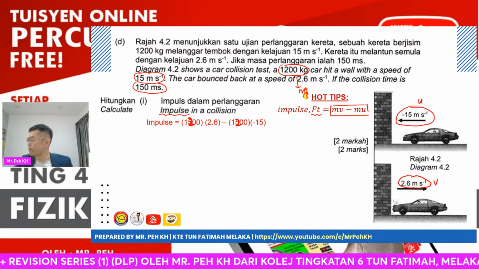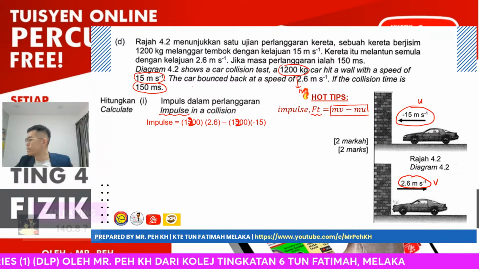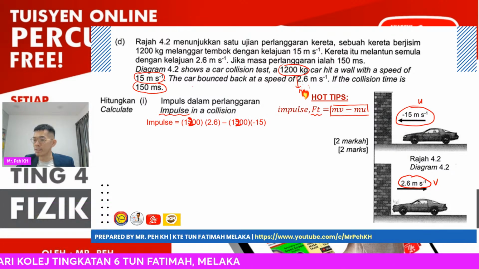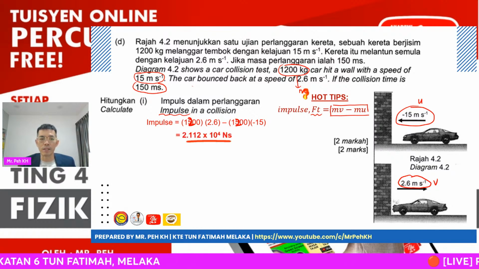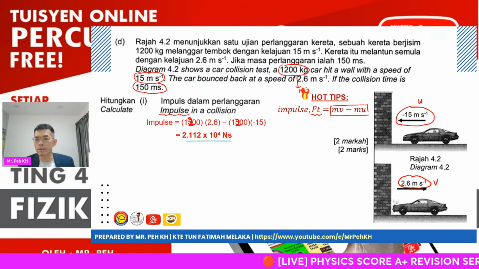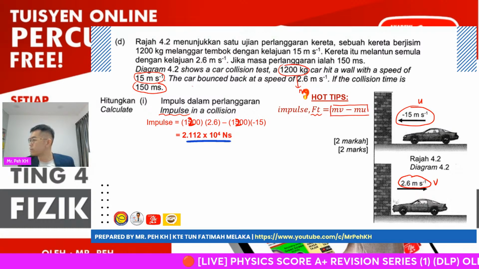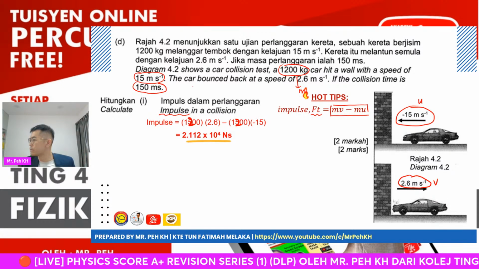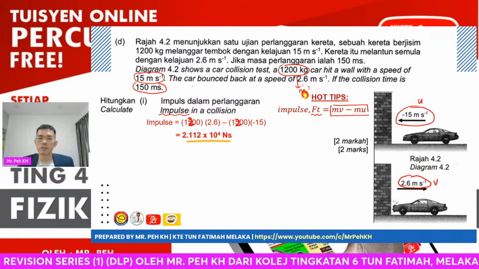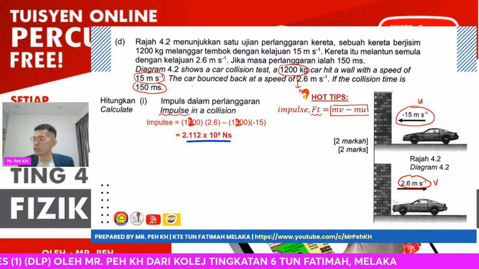Here we have the answer shared by Jiaying: 140.8. Let us see together whether the answer is correct or not. Here we will get 112 times 10 power 4. Let us check together.